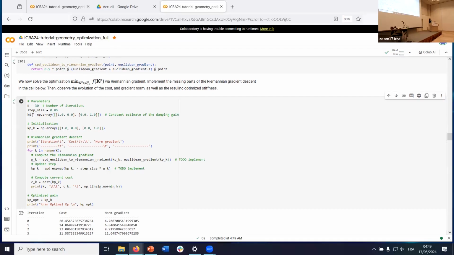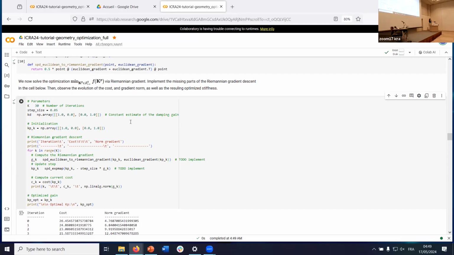In practice, what you could do is either define it in your cost function as a critically damped gain, but then your optimization function is not convex anymore. Or you can fix it as a constant estimate and have an alternating optimization, where once you optimize your stiffness parameter, you compute the critically damped gain for that stiffness, you optimize the stiffness again, and you go like this.